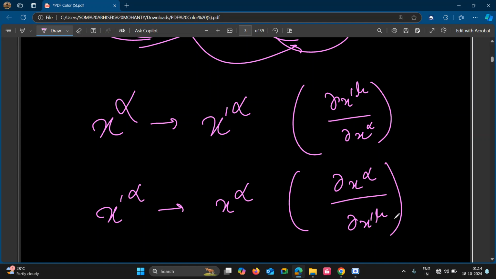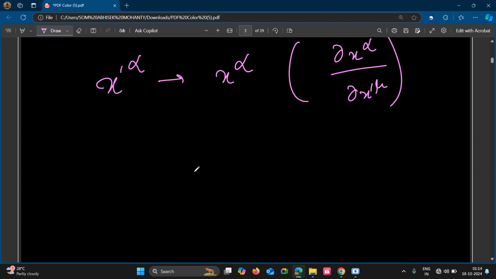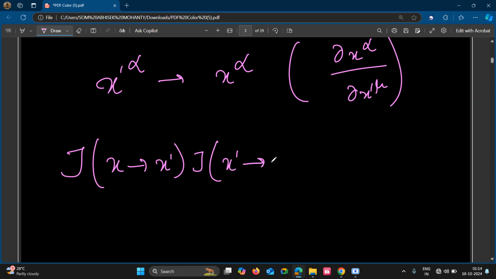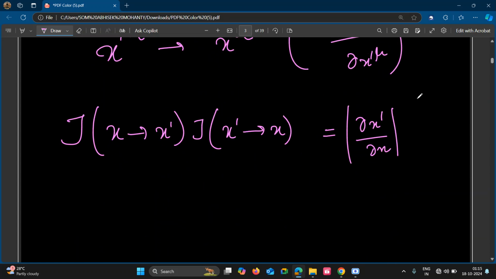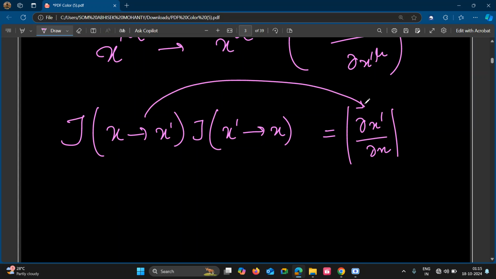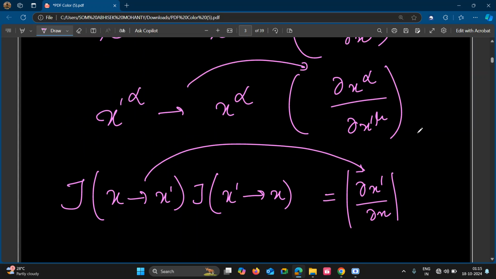So the Jacobians of the transformation and inverse transformation satisfy that these two will give me one. The Jacobian of x to x dash times the Jacobian of x dash to x: the first is del x dash by del x, and for x dash to x, it is del x by del x dash.